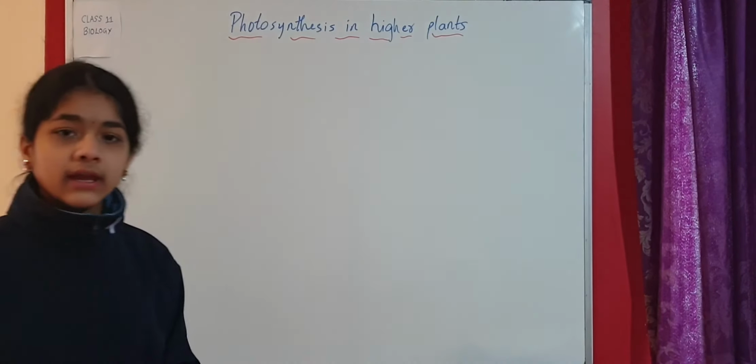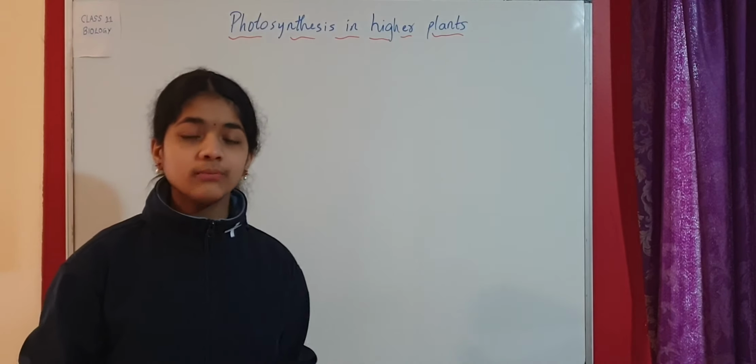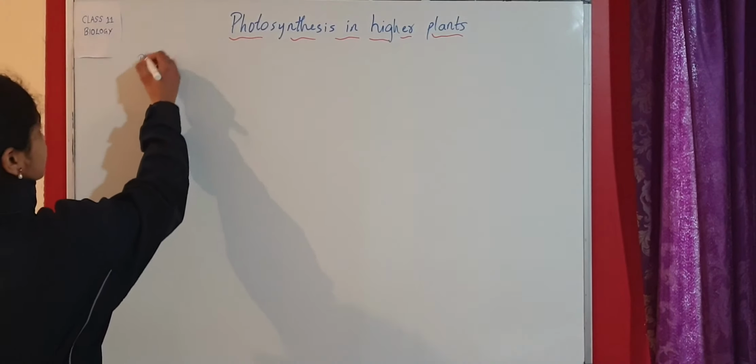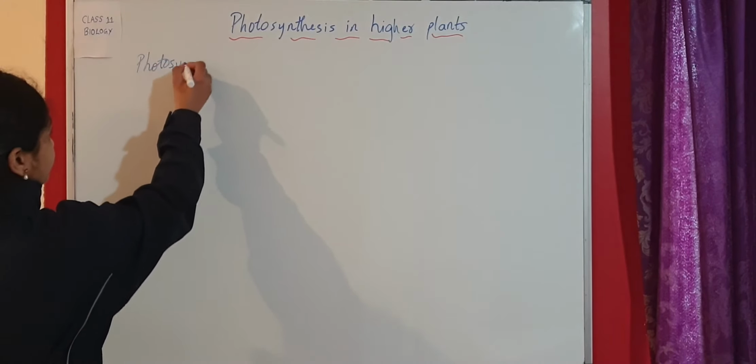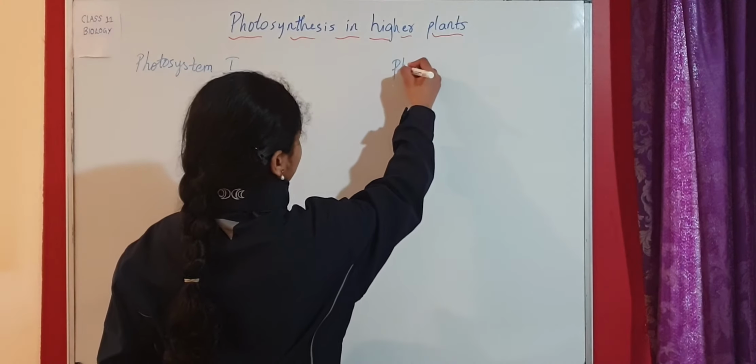We have learned that a photosystem is like a quantosome, and photosystems are divided into two types. There is photosystem 1 and there is photosystem 2.